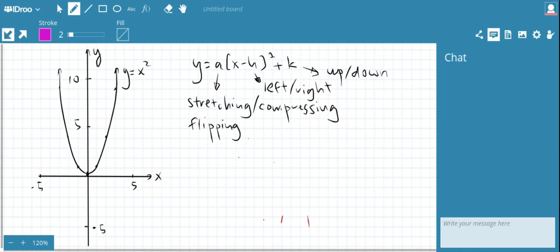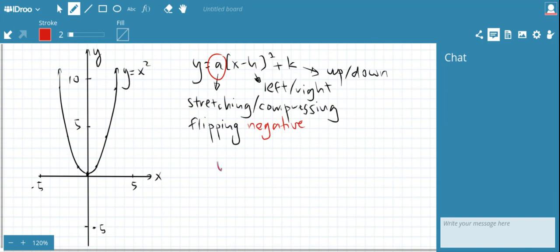Okay, so a is going to be about positive or negative. If it's negative, then you're going to be flipping over the x-axis, so up and down vertically, and then stretching and compressing.